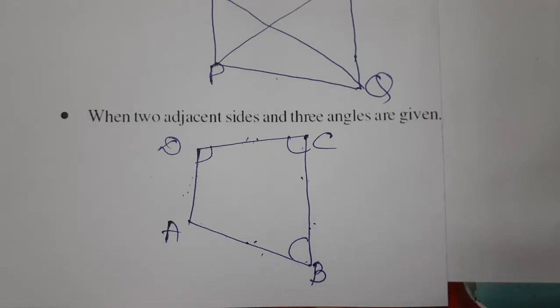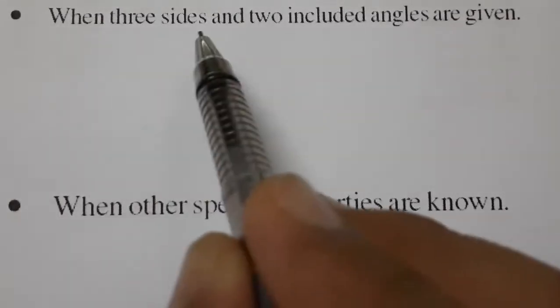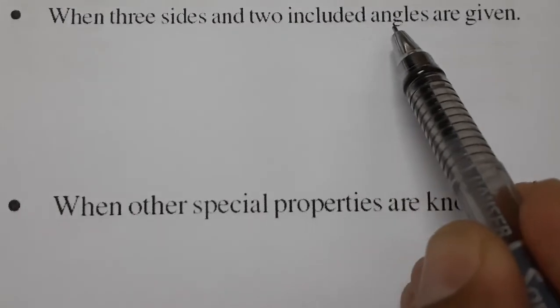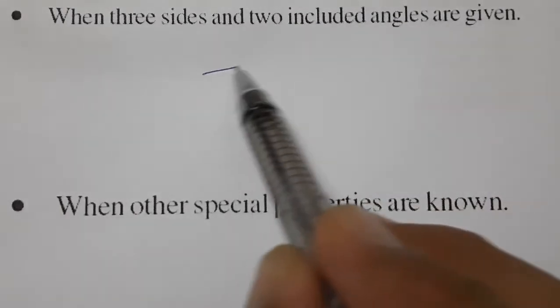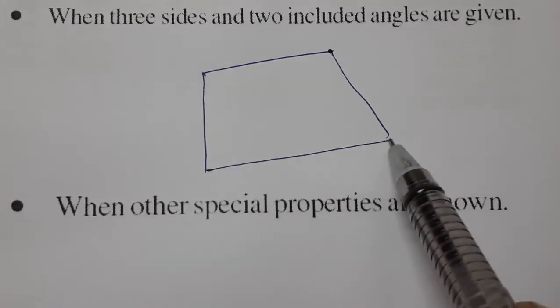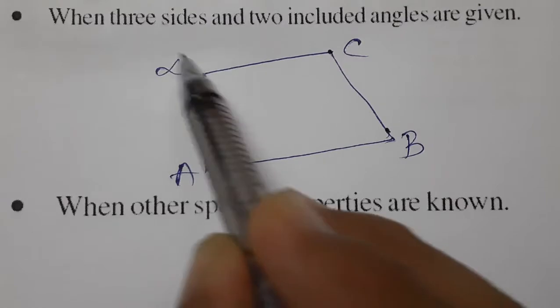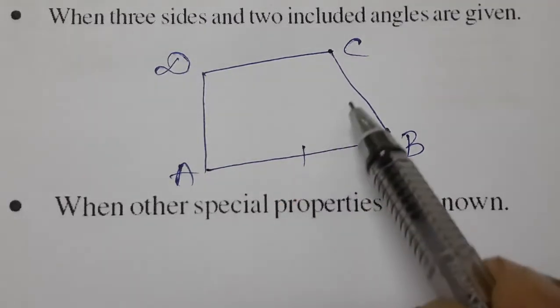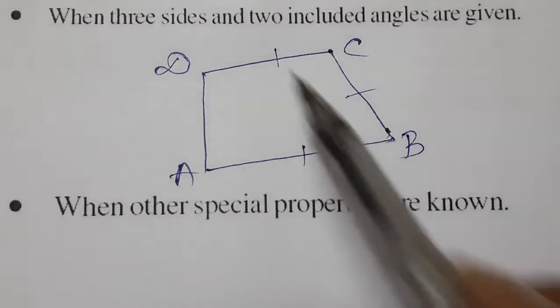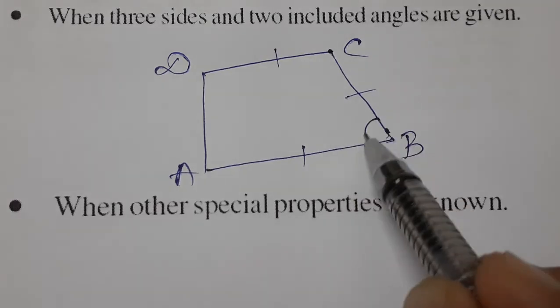Now the fourth one: three sides and two included angles. ABCD, three sides given. Suppose these three sides, 1, 2, 3, are given to us. Then the two included angles, the angles between them, must be given.